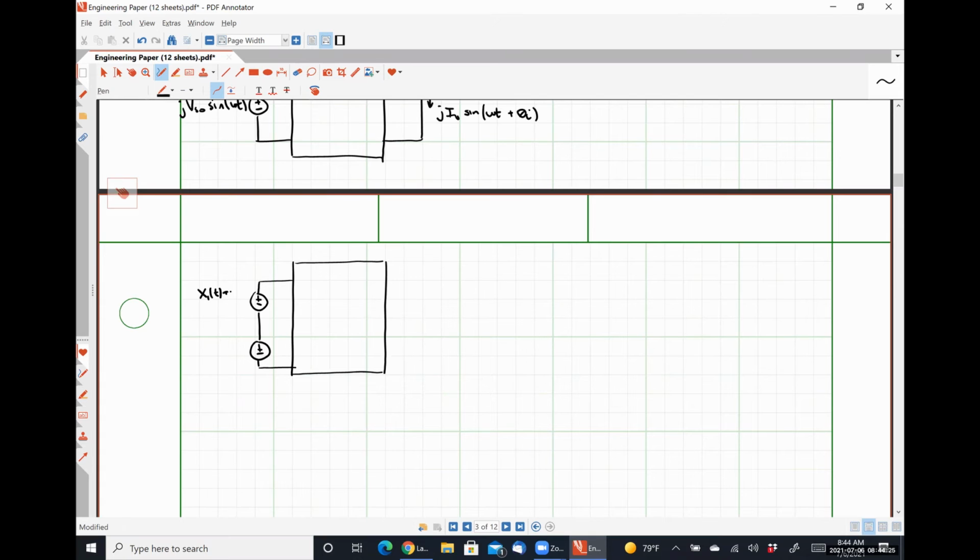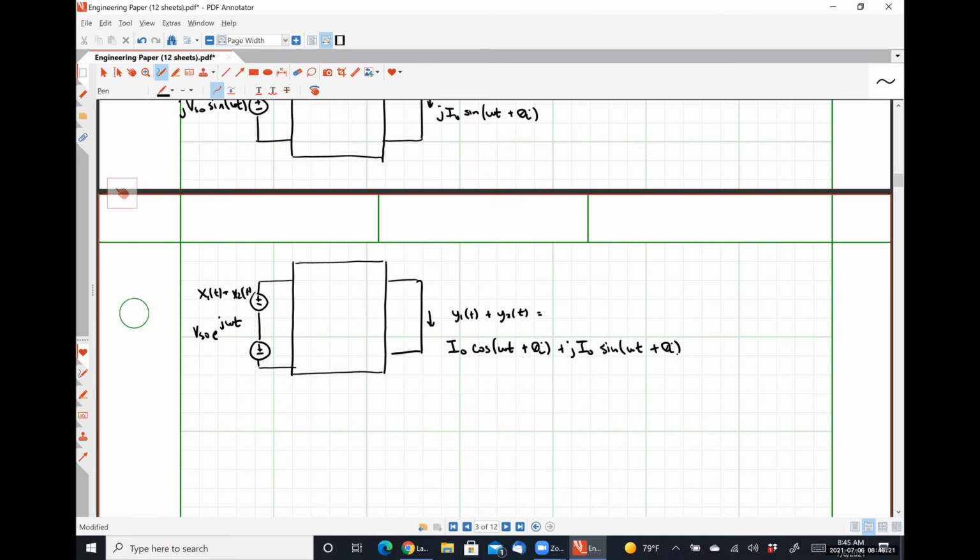So if I have x1 of t plus x2 of t, which would be the same as Vs naught e to the j omega t, my response will be y1 plus y2, which would be I naught cosine omega t plus theta I plus j I naught sine omega t plus theta I. And I'm intentionally leaving it in this form, although I could just as easily combine this into a complex number.